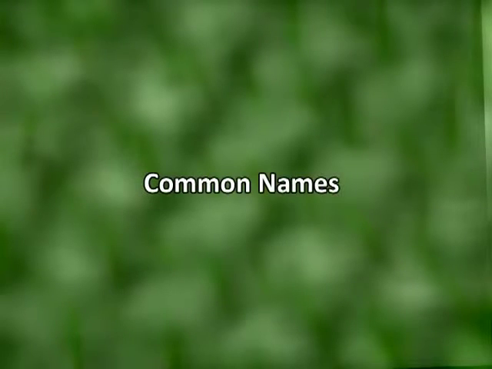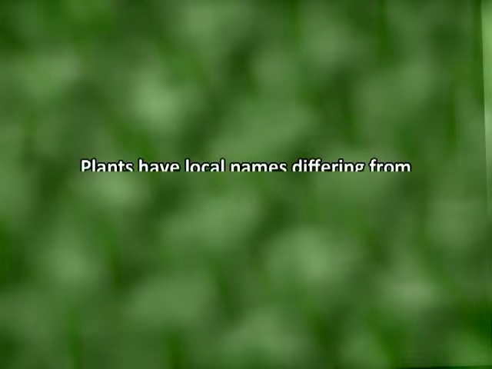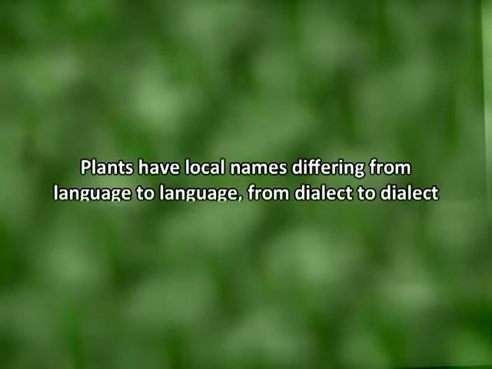Common name is the name given to a plant by people in a particular area or locality. It is the vernacular name or local name. In a multilingual country like India, where there are several languages, almost all plants have local names, which differ from language to language and even from dialect to dialect.